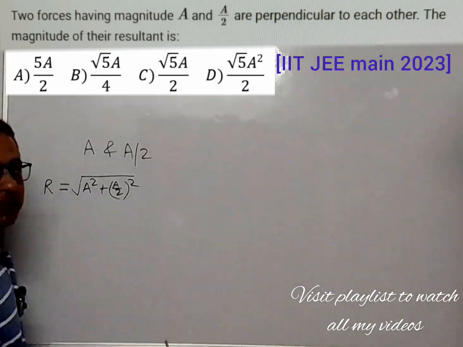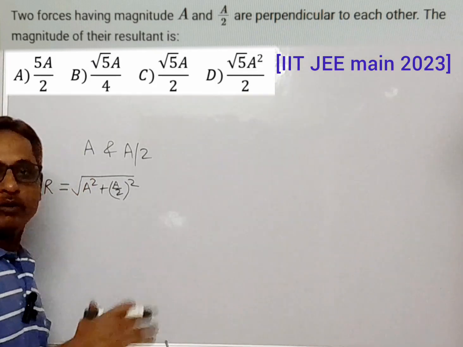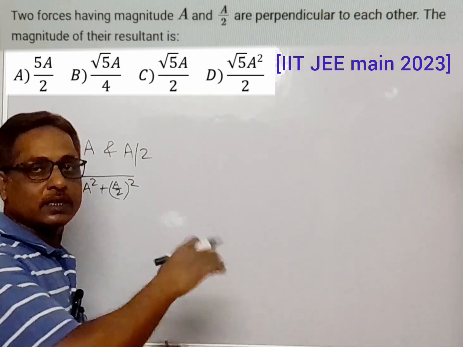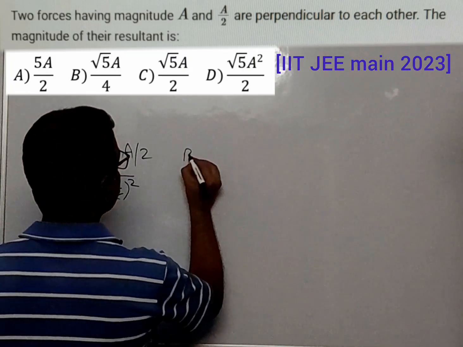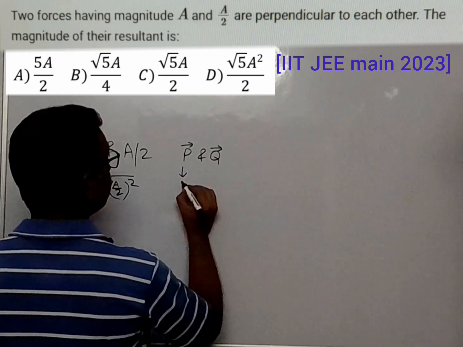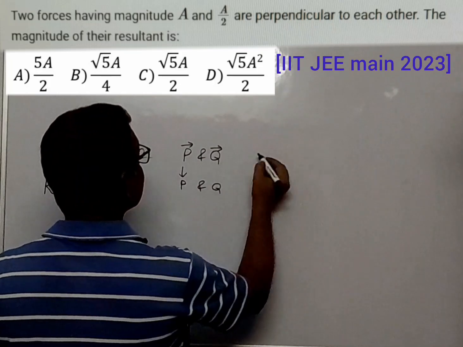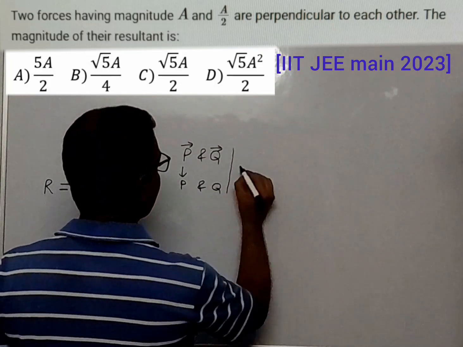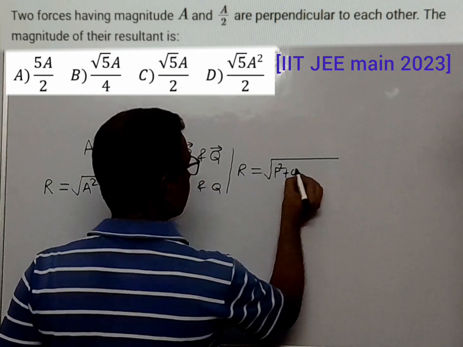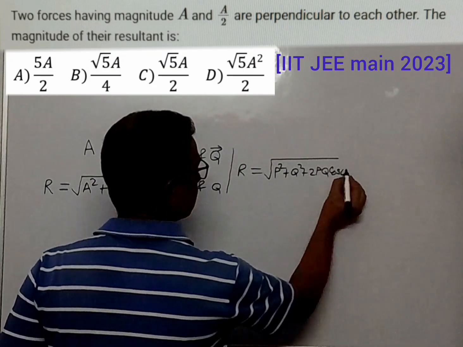According to the formula, we can write things like this. वो फार्मूला क्या है? ये फार्मूला एक्चुअली पैरेललोग्राम मेथड ऑफ वेक्टर एडिशन से डिराइव किया हुआ है। जब दो वेक्टर्स का मैग्नीट्यूड दिया हुआ हो और उनके बीच का एंगल दिया हुआ है थीटा, तो उनके रिजल्टेंट के लिए फार्मूला होता है, यदि दो वेक्टर्स P एंड Q हो, P and Q are two vectors whose magnitudes are P and Q respectively, then the resultant R is equal to square root of P square and Q square and 2PQ cos theta.